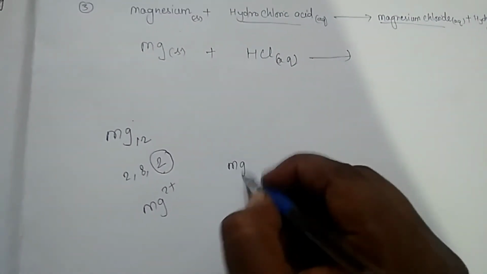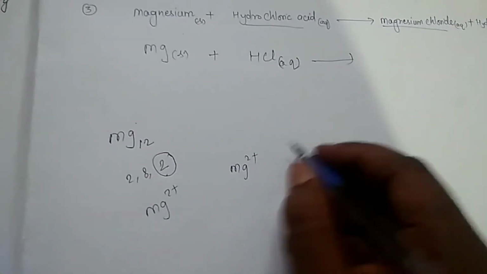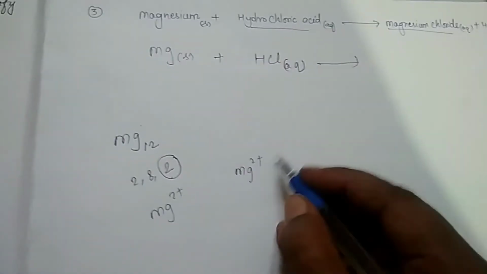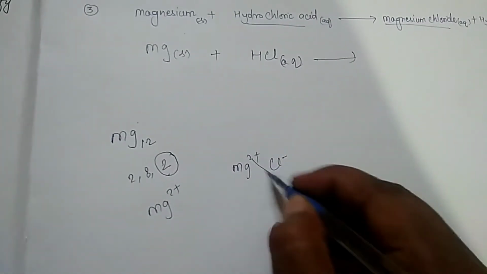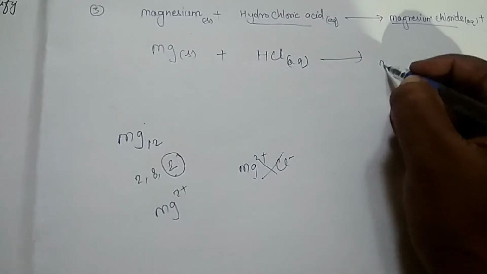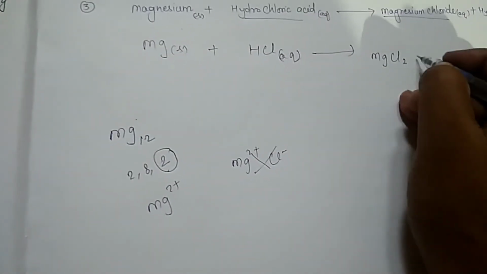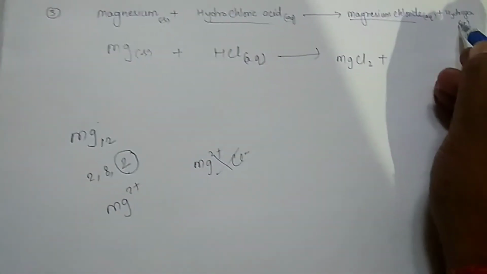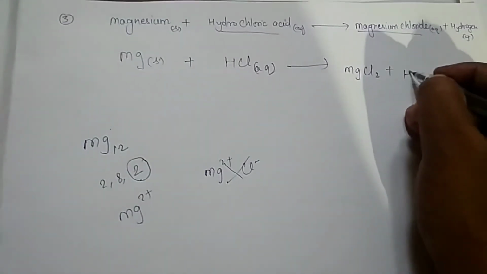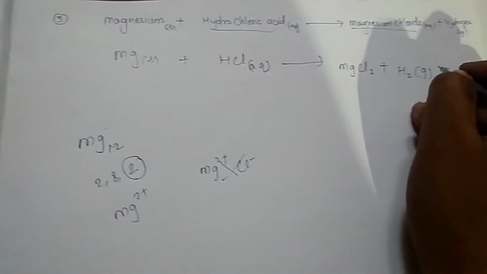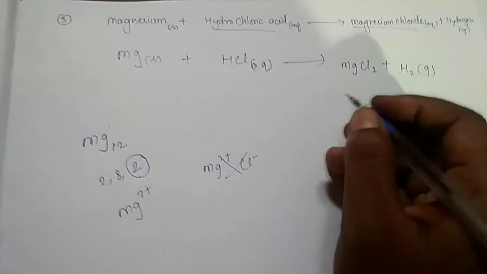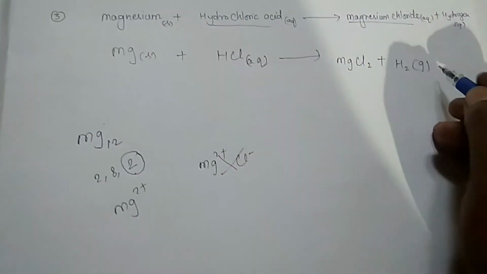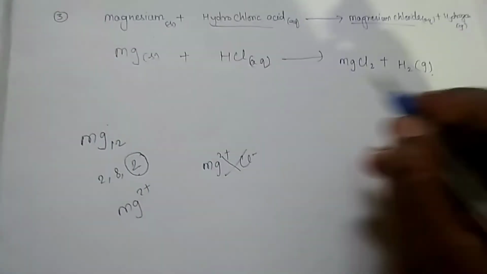So magnesium contains 2 plus charge and there is chloride. Chloride contains minus charge. Make the formula: MgCl2 plus hydrogen gas. Clear children? Any problem?